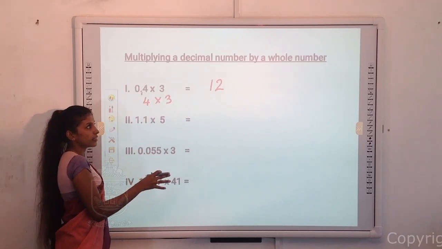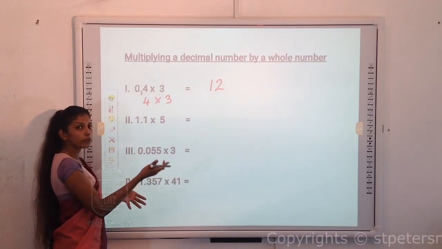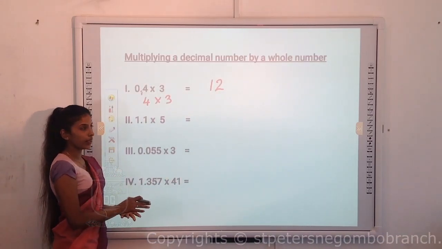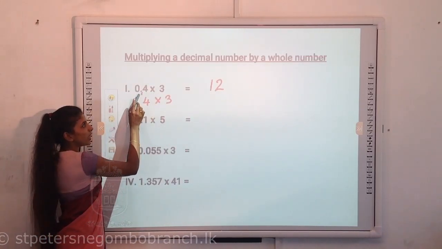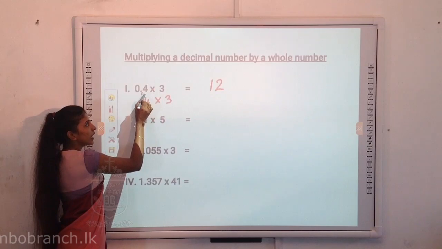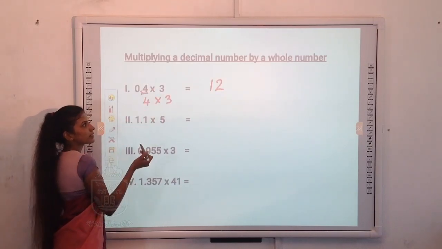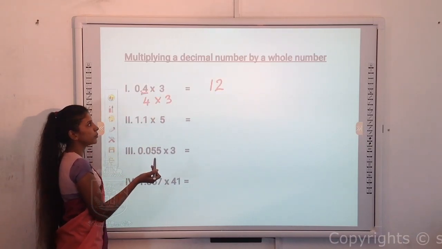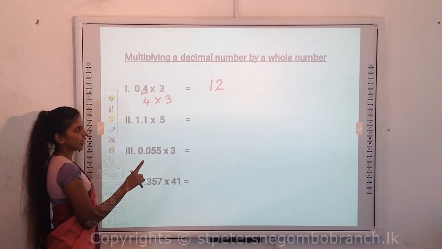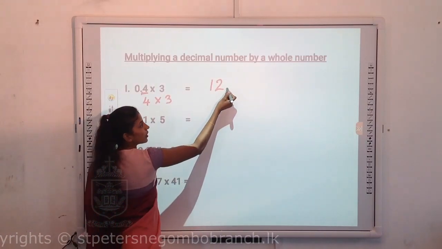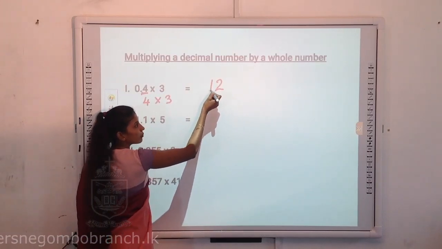At first we neglect the decimal point and just multiply. But at the end, at the final answer, you have to consider the decimal point again. That means at the end, count the decimal places. After the decimal point, there is only one decimal place, one value after the decimal point. If you have one decimal place, you have to come back one place from the end.